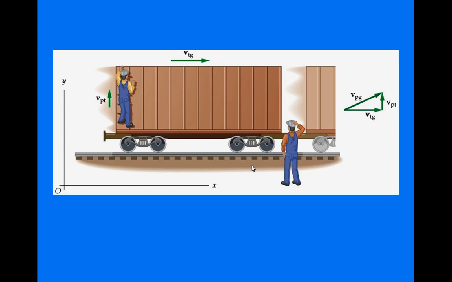So the stationary observer, if they're just focusing their eyes on that person climbing up the car, sees them moving not just in the x-axis and not just in the y, but the vector sum of the two, kind of climbing up at a diagonal like that vector is depicted, the VPG. That vector is depicting pretty much the pathway that the ground-based observer would see the person traveling. That is vector addition.